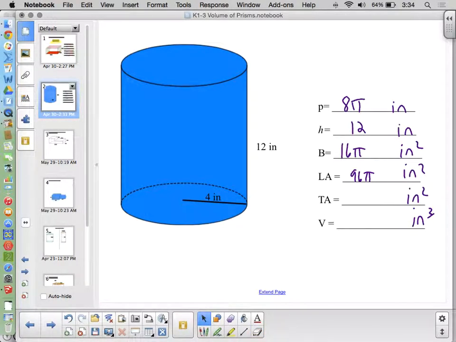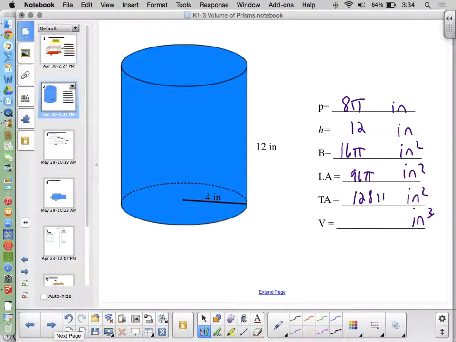Total area is lateral area plus 2 bases, so that's 32 plus 96, 120, 128 pi. Volume is base area times height. There we go. I did perimeter of the base times height. That was my bad. Base area times height, which would be 16 pi times 12, 192 pi cubic inches.